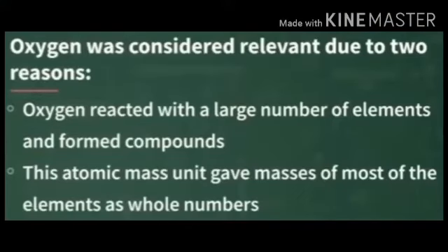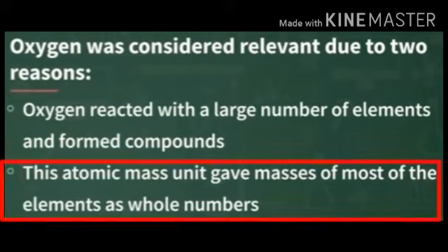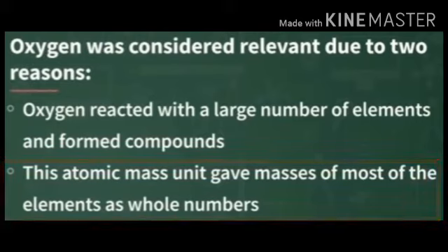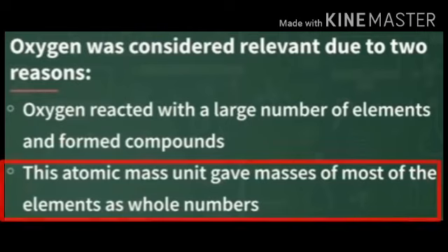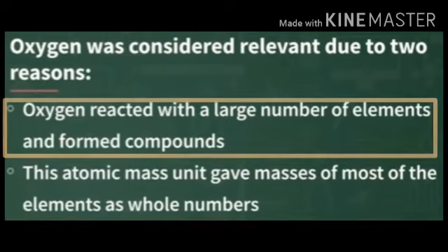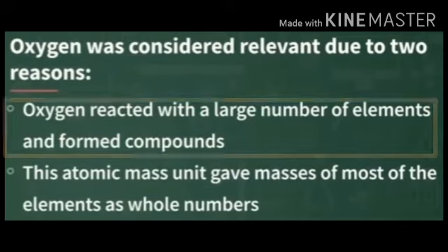This was considered relevant for two reasons. The first reason: oxygen reacted with a large number of elements and formed compounds. The second reason: this atomic mass unit gave masses of most of the elements as whole numbers.